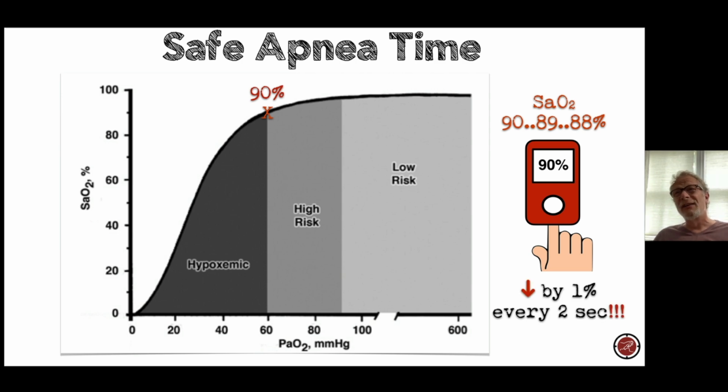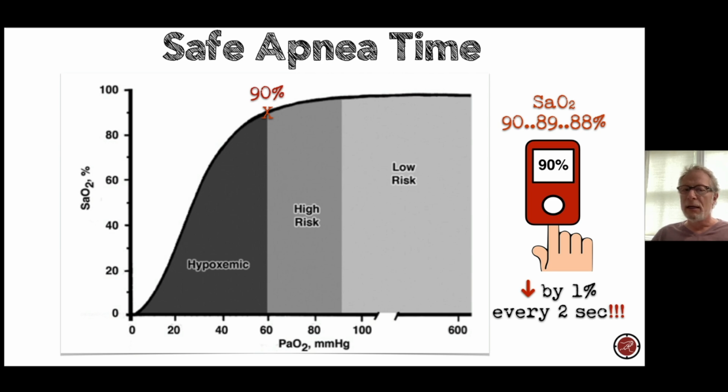And just, again, to reiterate, if your sats are at 90, and we think 90 is great, that's an A in school, that's awesome, right? At 90, if I'm not replenishing oxygen, and I paralyze this patient as part of an RSI, the sats are going to fall by 1% every 2 seconds. I'm going to say that again, 1% every 2 seconds. And there's somebody in the room whose dedicated job is to count those as they drop, right?